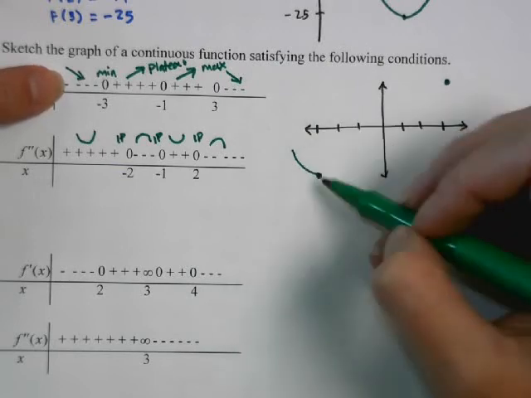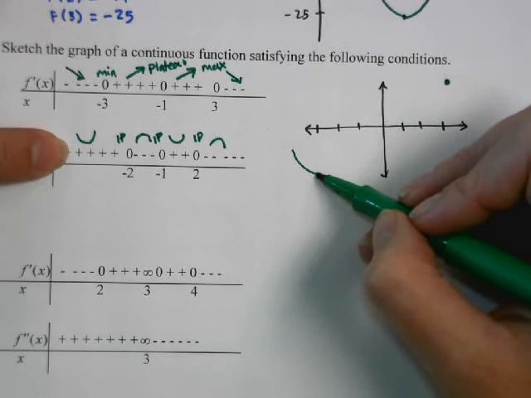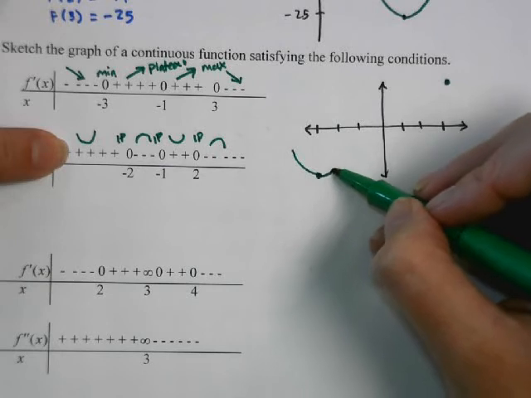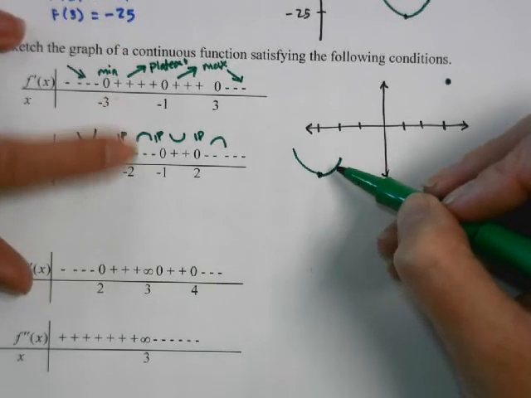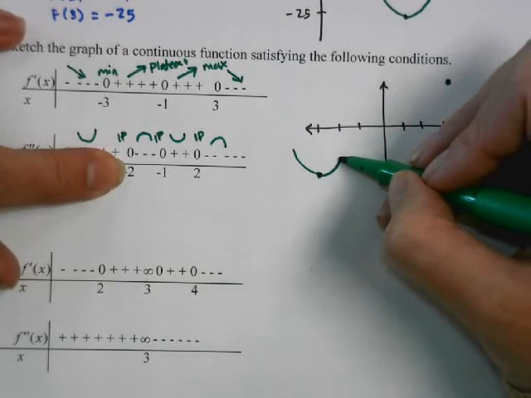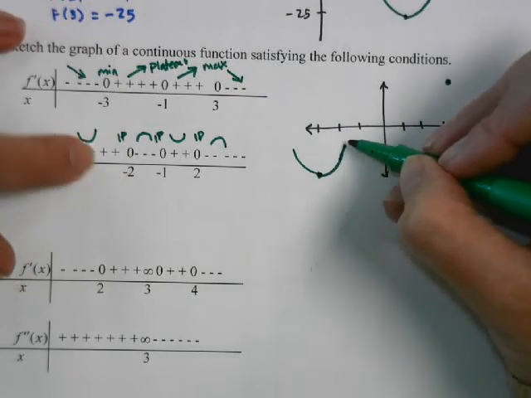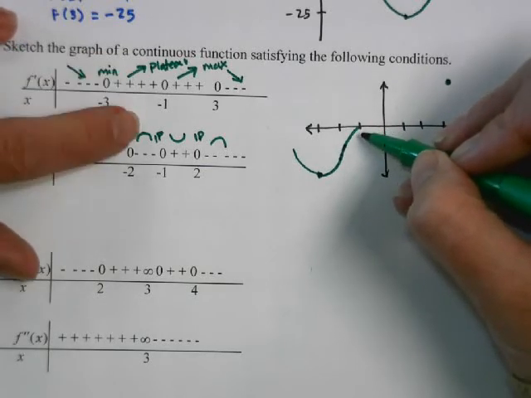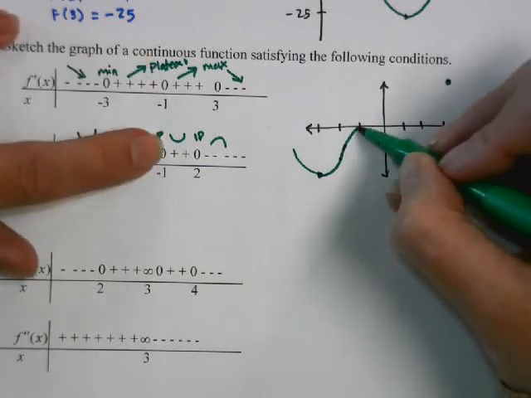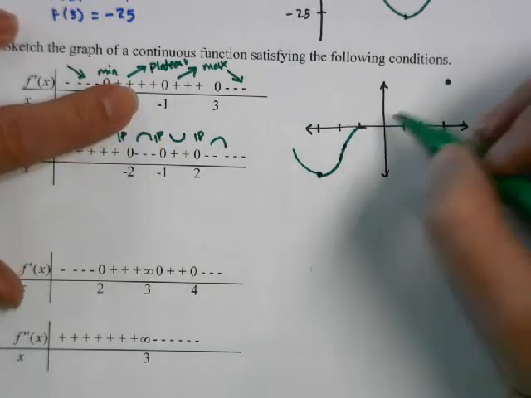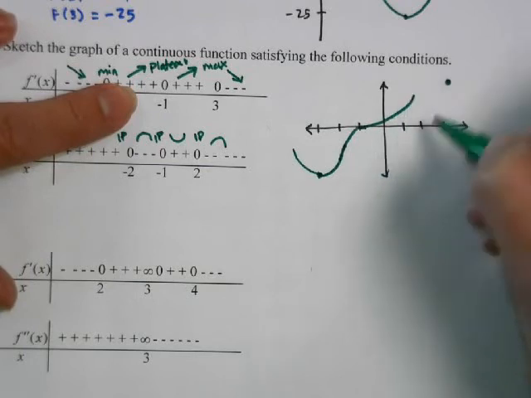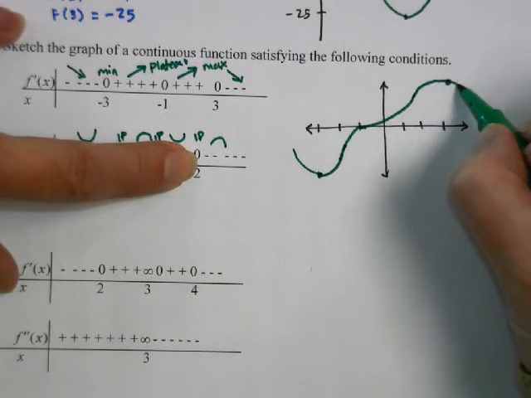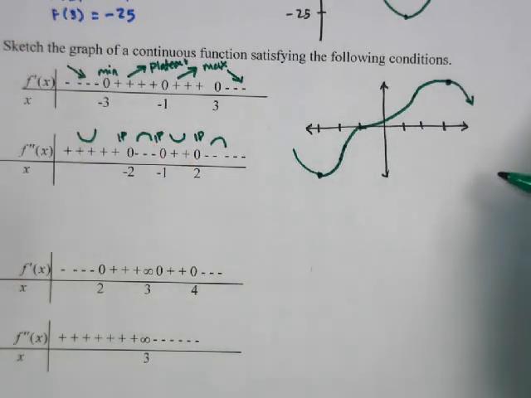Then we're increasing to negative 2, where our graph switches concavity, but it's still increasing all the way to negative 1, where it has a plateau. It's still increasing, but now it switches to concave up all the way to 2, where it switches concavity and is then concave down, and then it goes down.